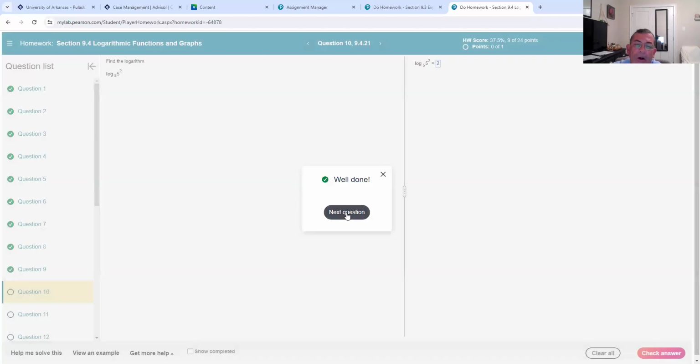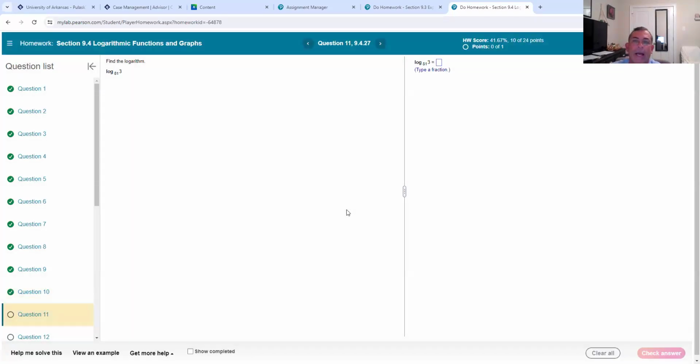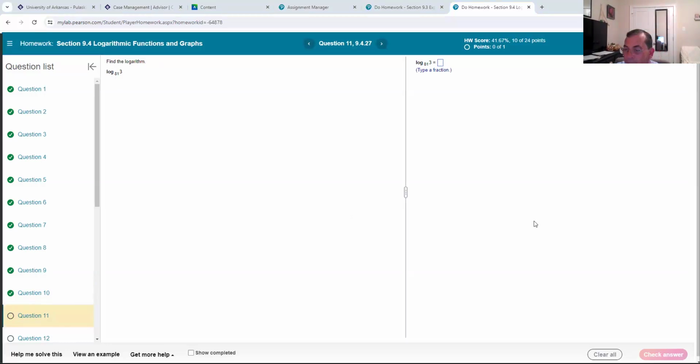But y'all, what's nice is all these, you notice I'm doing them all on the calculator. Log base 81 of 3. All right, so log base 81 of 3. Now, when the base of the log is bigger than the result, we're going to get fractional exponents.